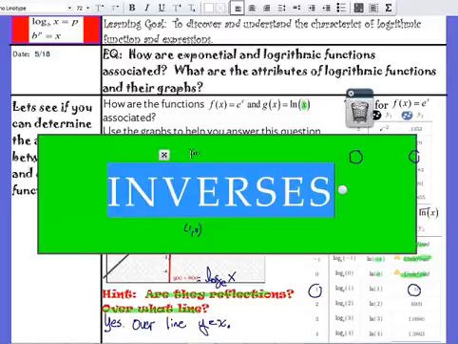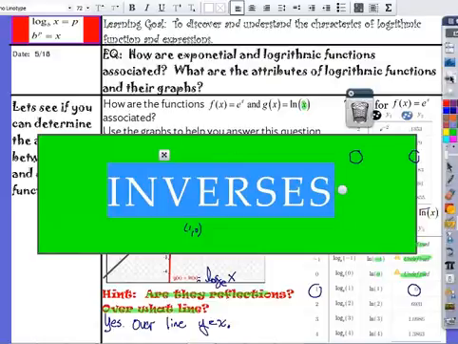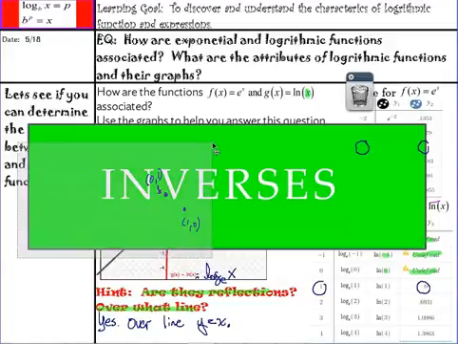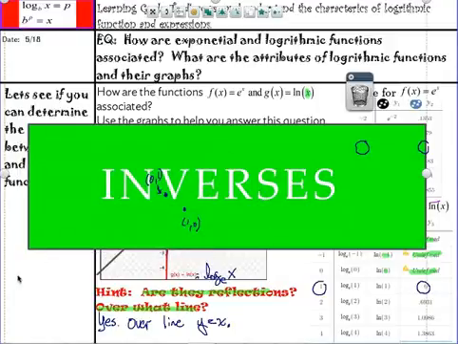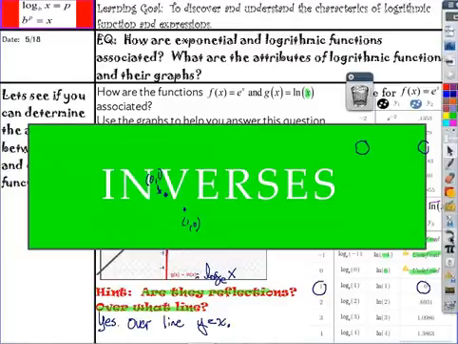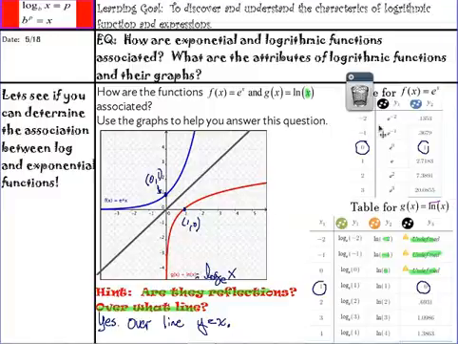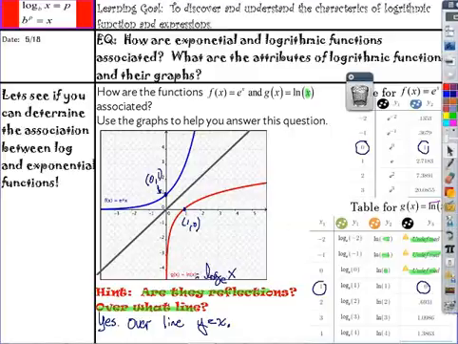Okay, so if I was to take these coordinates here, the -2 and the 0.1353, and switch those. Remember, inverses have x and y coordinates that are switched.